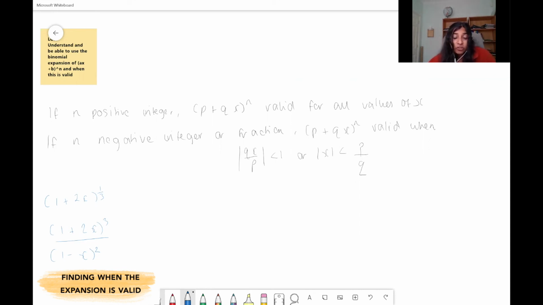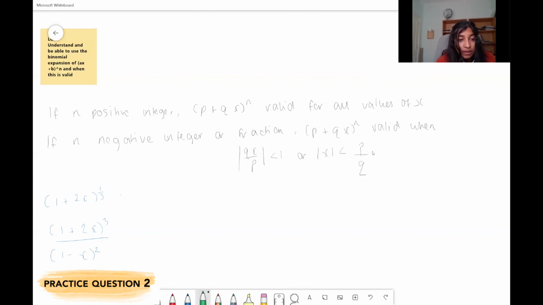So if we try that out, we have these two examples. Feel free to pause the video and try it out for yourself. So for the first one, we have 1 plus 2x to the power of 3, and we want to find out where it's valid for. So this is a fraction, so it would be using this, and that would just be valid for when the mod of x is less than p over q, so that's just 1 over 2.